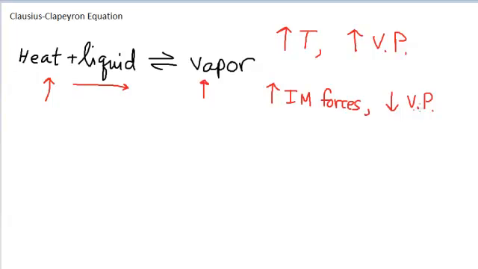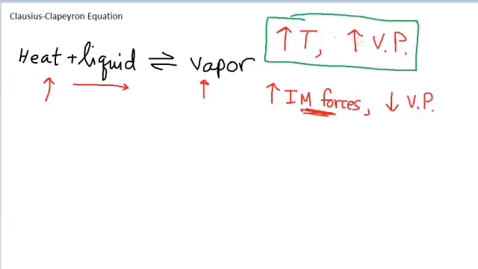So if I'm comparing similar substances, I can put them in order of relative vapor pressures, as long as I'm talking about the same temperature, by comparing their intermolecular forces in a similar fashion to what we did to compare boiling points. But for all substances, regardless of how they compare to other substances, a higher temperature means you're going to have a higher vapor pressure.